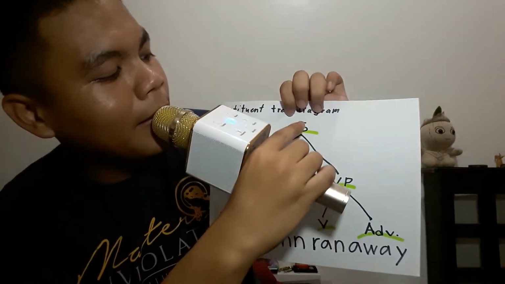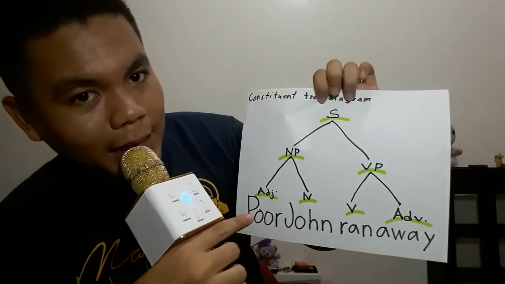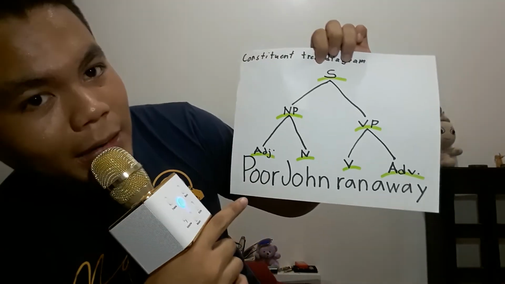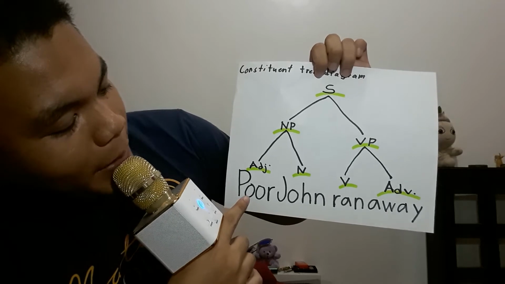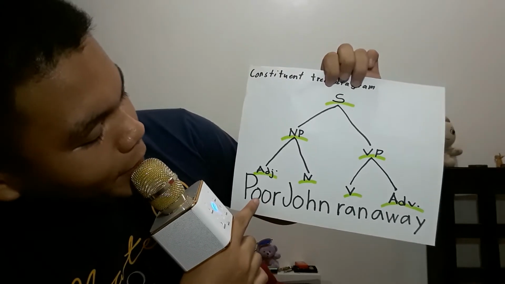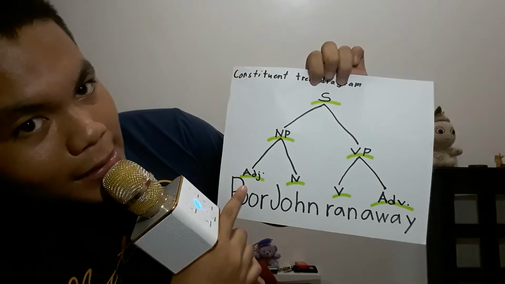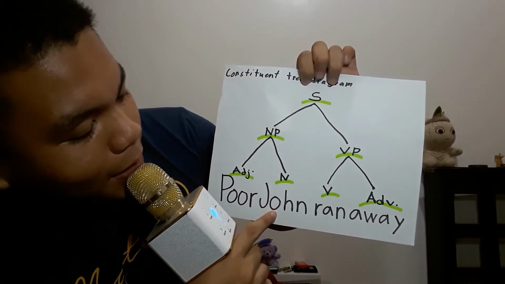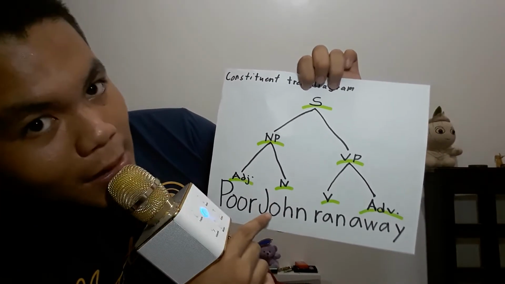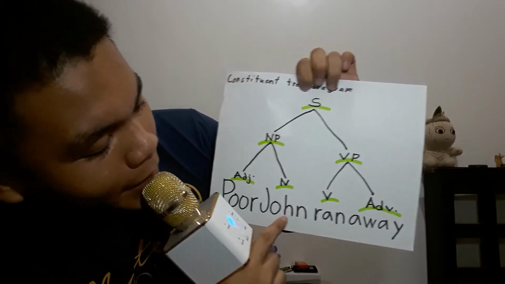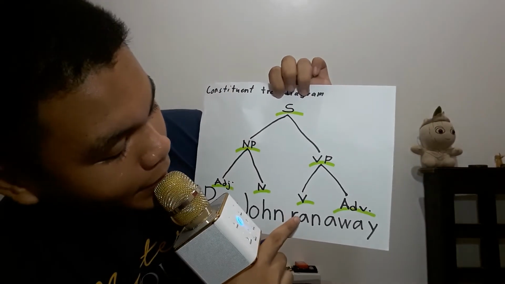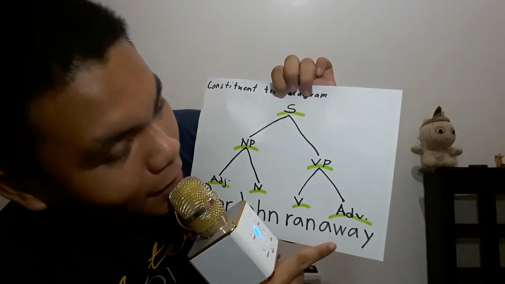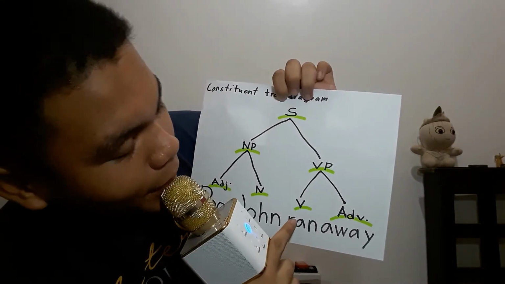The whole is the sentence, poor John ran away, and then we are just going to label each word based on its function. Poor is functioning as an adjective because adjectives are words that describe the noun. John becomes the noun because he is the subject. Ran will be the verb because it is the action word. And away will become the adverb because it modifies the verb.